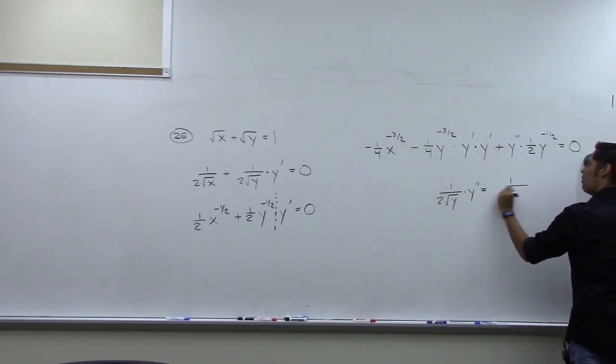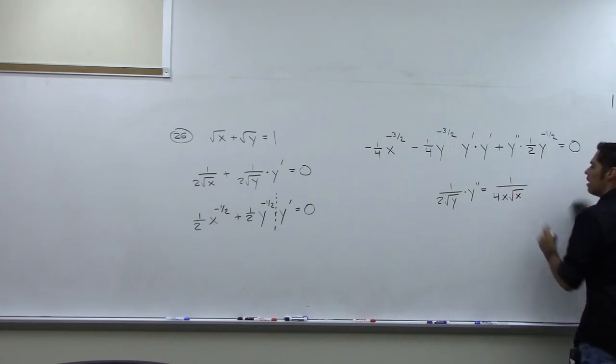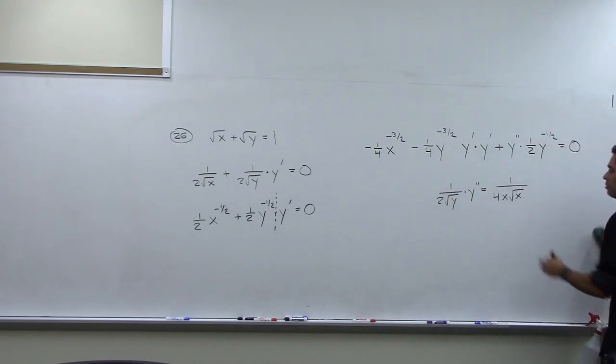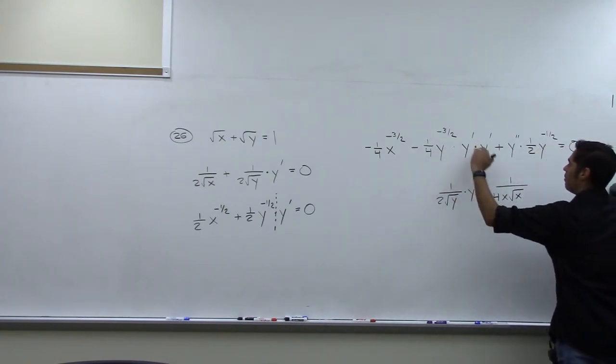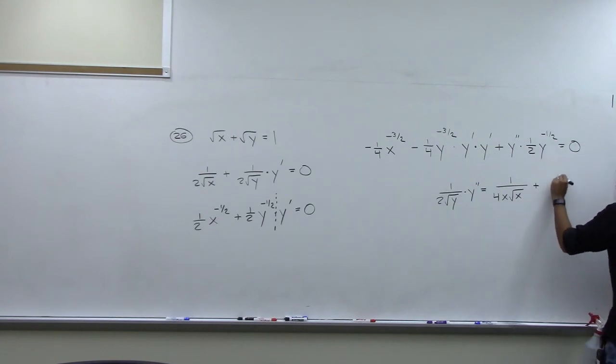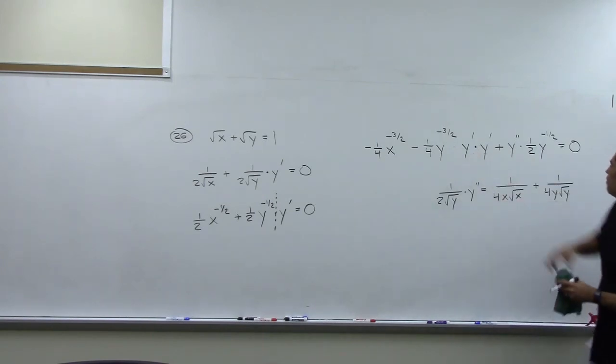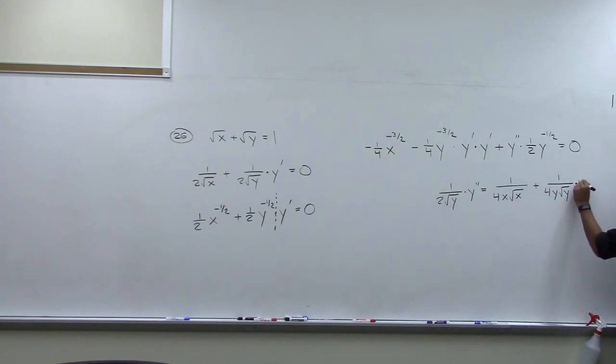So 1 over 4 x root x. What I did was I dropped this back down and I did the square root of x cubed, gives me this. Bring that one to the other side, plus 1 over 4 y root y, same story. But I have attached to that y prime squared.